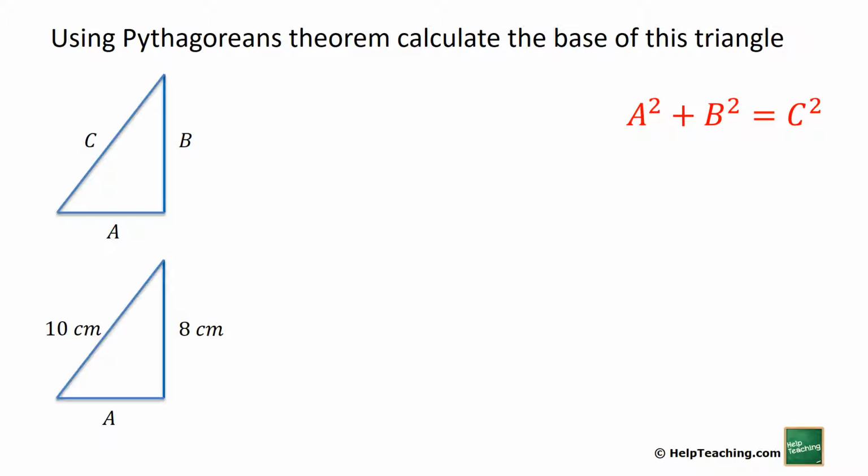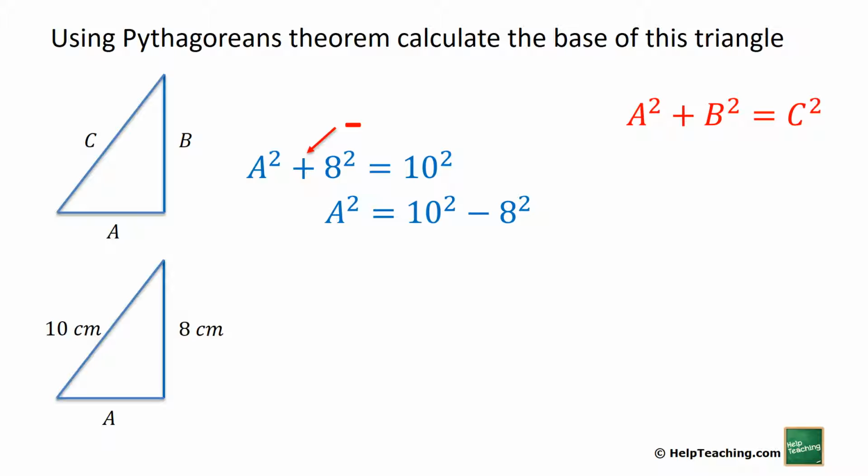Using Pythagorean theorem, calculate the base of this. So Pythagorean theorem is a squared plus b squared equals c squared. We'll fill in the information we know, which is b and c. Now the a squared is attached to the 8 squared by an addition, so we're going to need to subtract. When we subtract 8 squared from both sides, we get a squared is equal to 10 squared minus 8 squared.